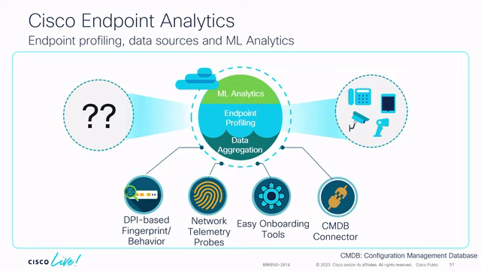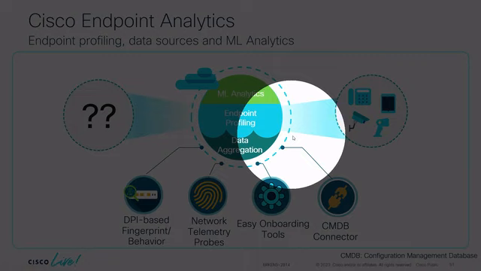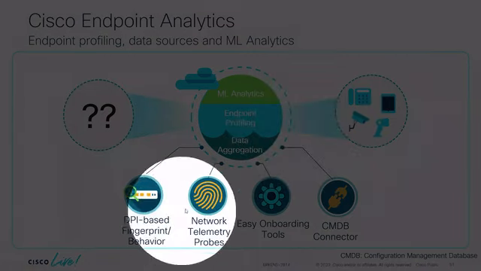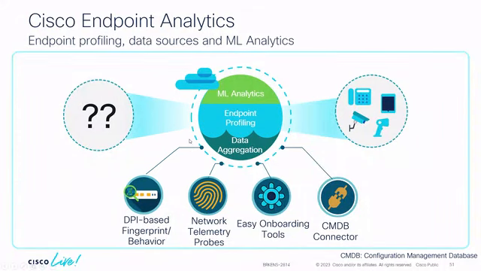So what we're doing with DNA Center is, DNAC will now have multiple inputs to profile an endpoint. One of the inputs may be the ISE probe. The second input is that all the network switches have something called DPI, or an NBAR engine.